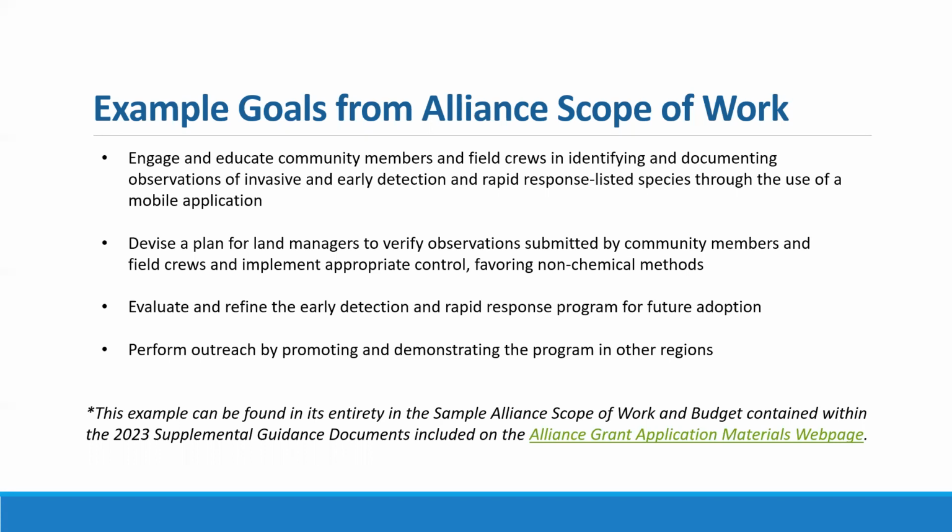Goal 2 is to devise a plan for land managers to verify observations submitted by community members and field crews and implement appropriate control, favoring non-chemical methods. For goal 3, we have evaluate and refine the early detection and rapid response program for future adoption. And then the final goal is perform outreach by promoting and demonstrating the program in other regions.